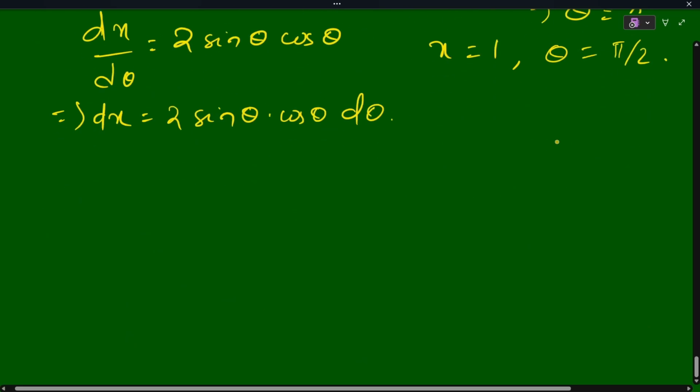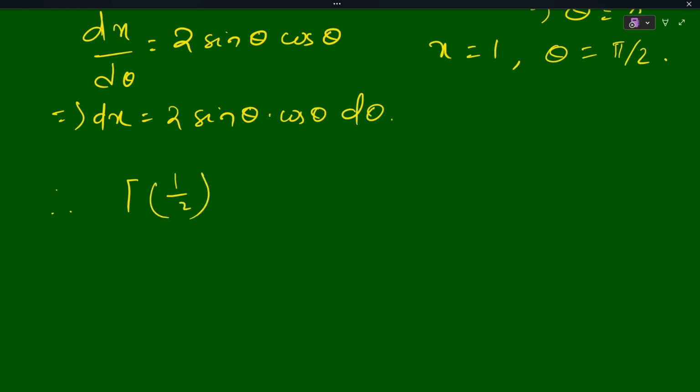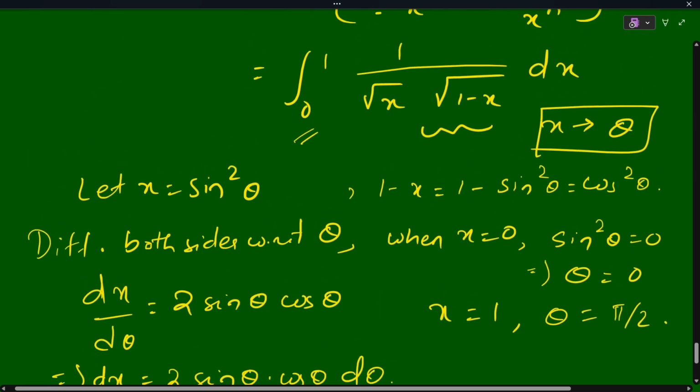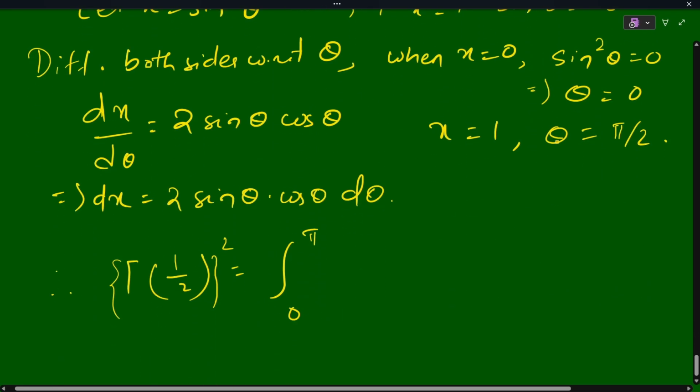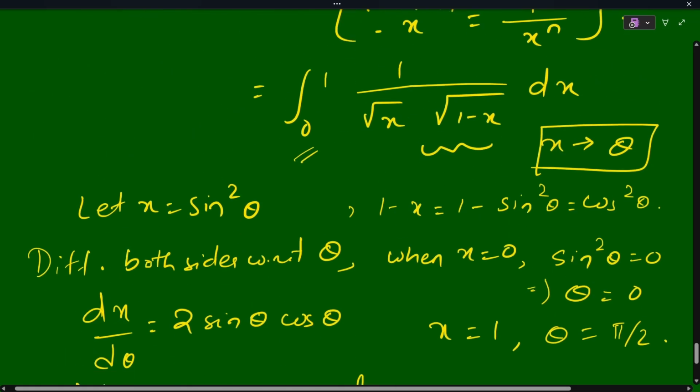Okay, so the integration was gamma half whole square, which is equal to the integral with the limits. First the limits will be changed to 0 to pi by 2. Next, this value 1 by root x.